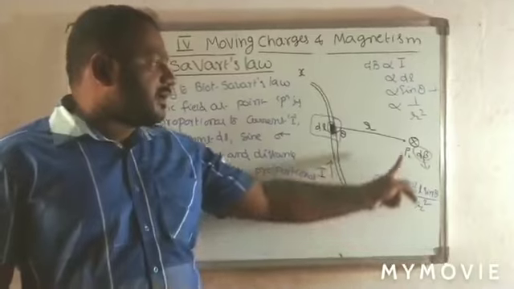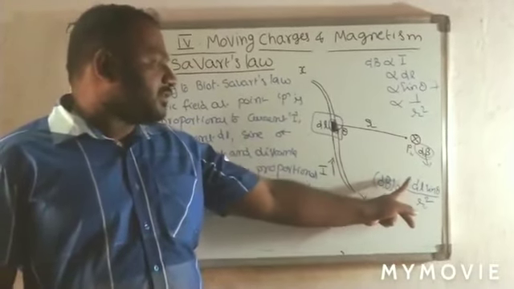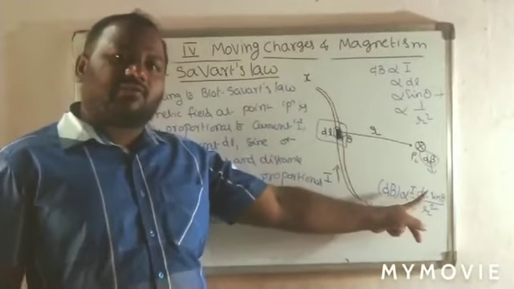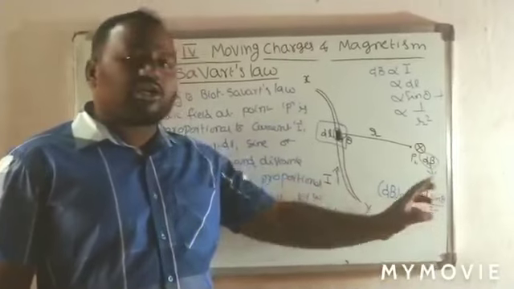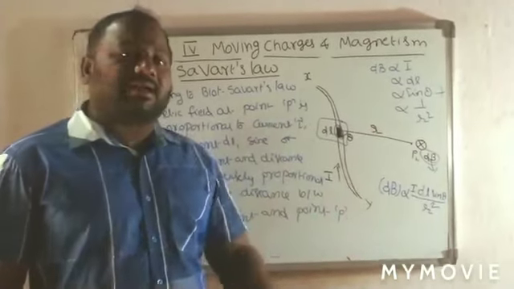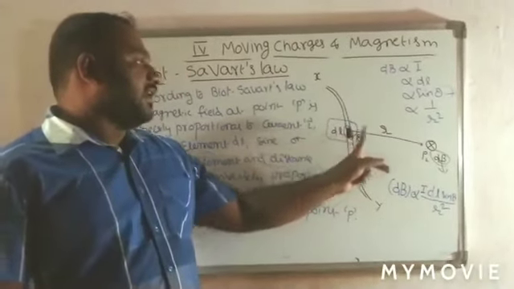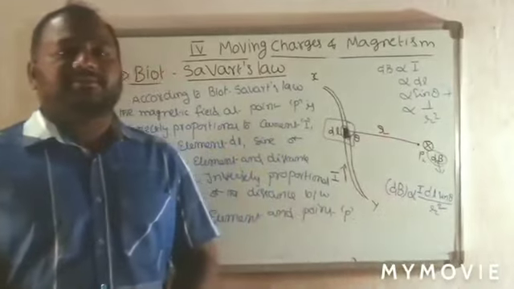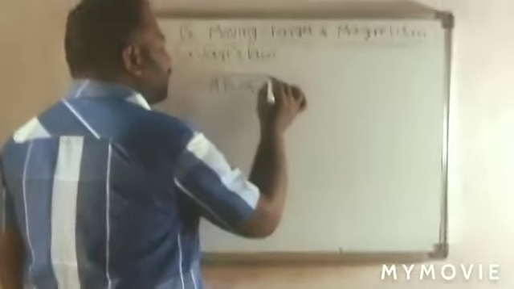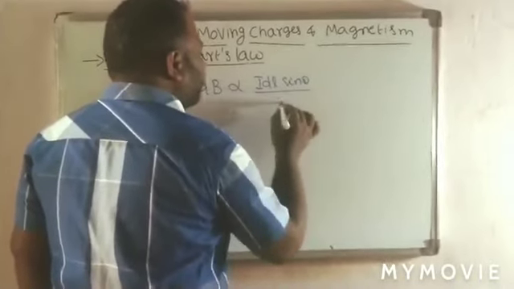According to Biot-Savart's law, the magnetic field at point P, dB, is directly proportional to the current through the conductor, directly proportional to the length of the current element, directly proportional to the sine of the angle between the current element and the distance vector, and inversely proportional to the square of the distance between the current element and point P. Here dB is directly proportional to I dl sin theta by r square.